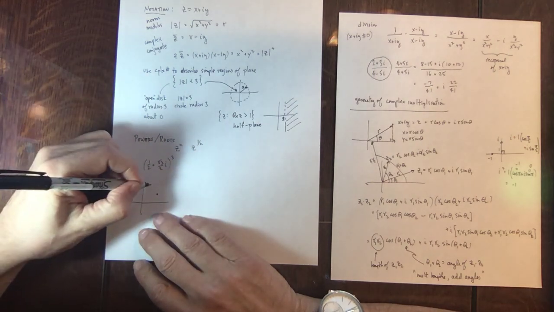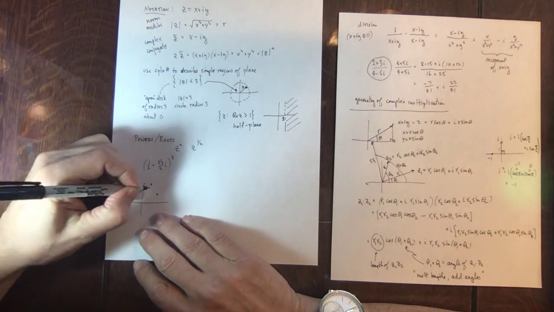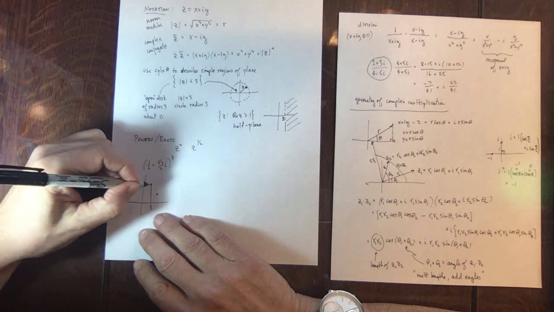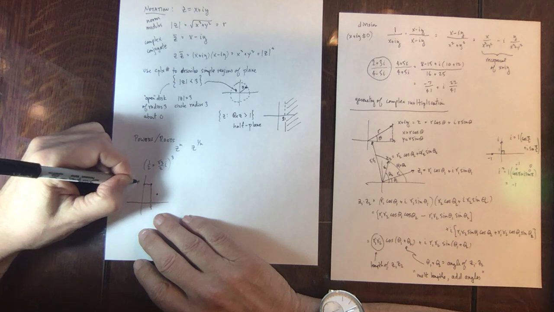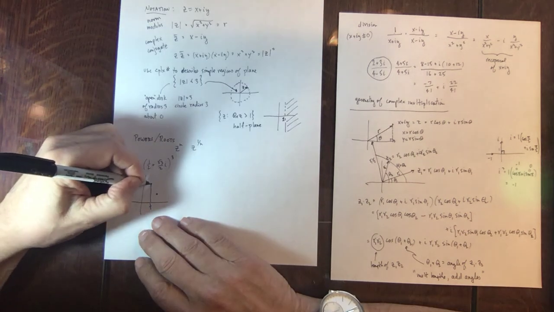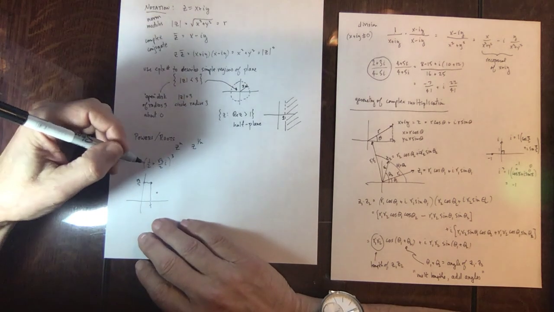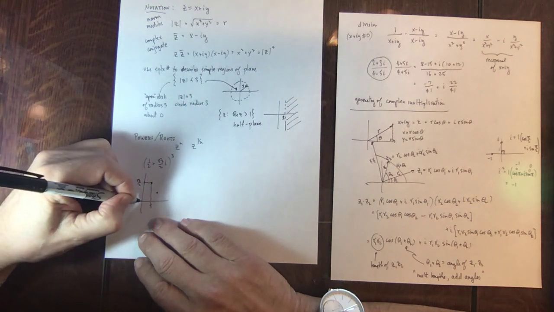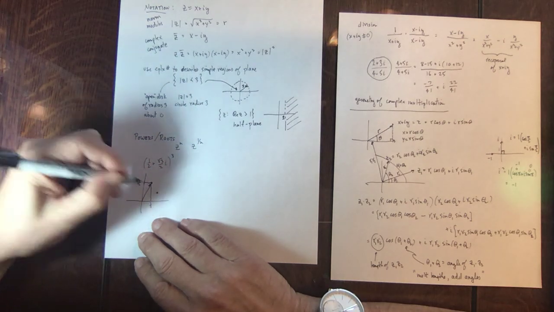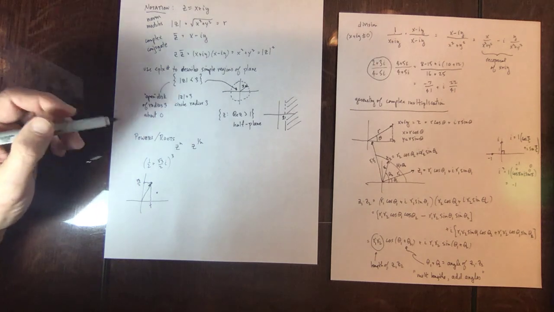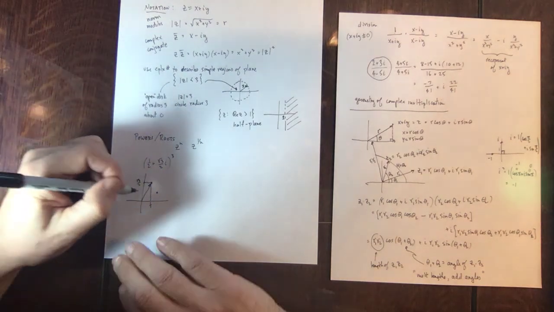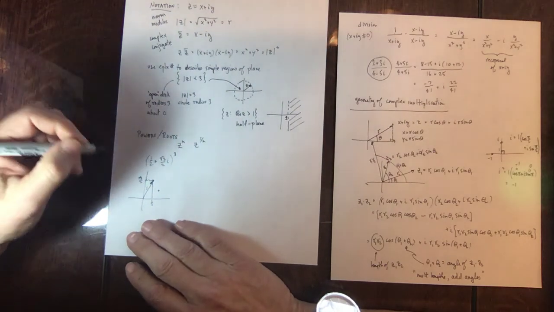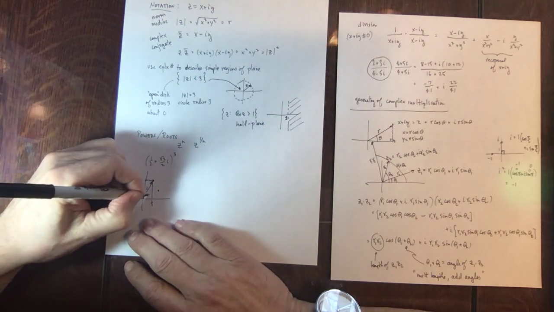This is 1/2 and square root of 3 over 2. Of course, I picked obvious numbers here so that it's clear what the angle is. We know that this length is 1, and the angle here is pi over 3.